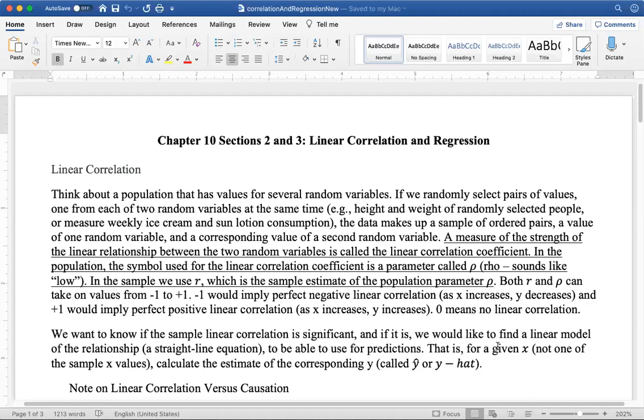And the relationship between them, the linear relationship, can be measured by what's called a linear correlation coefficient. In the population, we know that it might exist, but we don't know what it is. And it's going to be a parameter of the population.